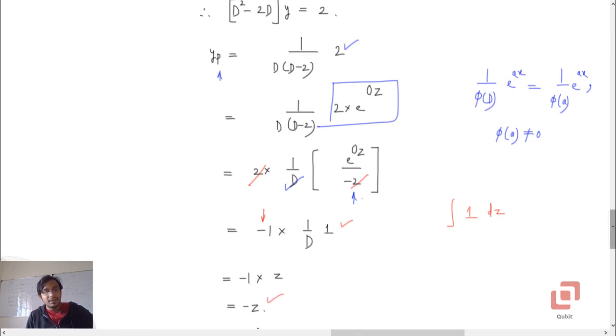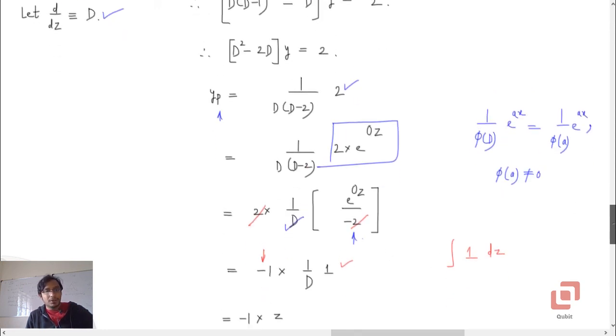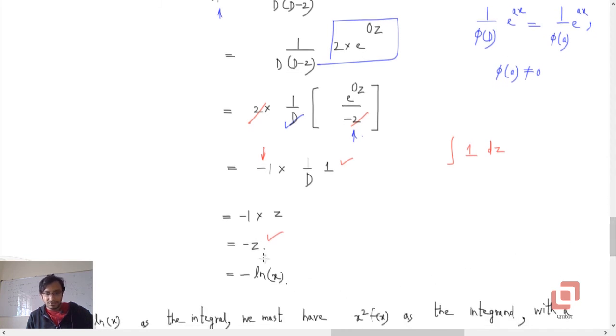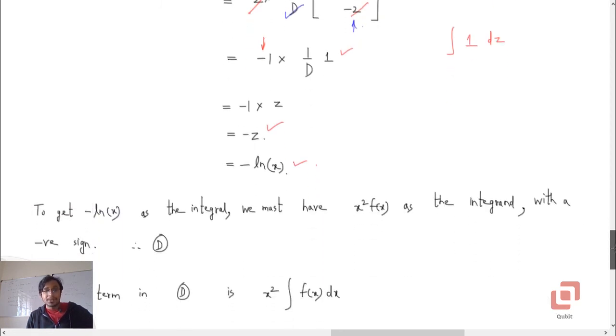Yes, but what is z? z is actually equal to log x. So we have got minus log x as our particular integral. Now see, because we have got negative log x as our particular integral, we must have x squared into f of x as the integrand, because only then we will have the modified form of the integrand as x squared into 1 over x cubed, which will be 1 upon x, and 1 upon x when integrated produces log x.